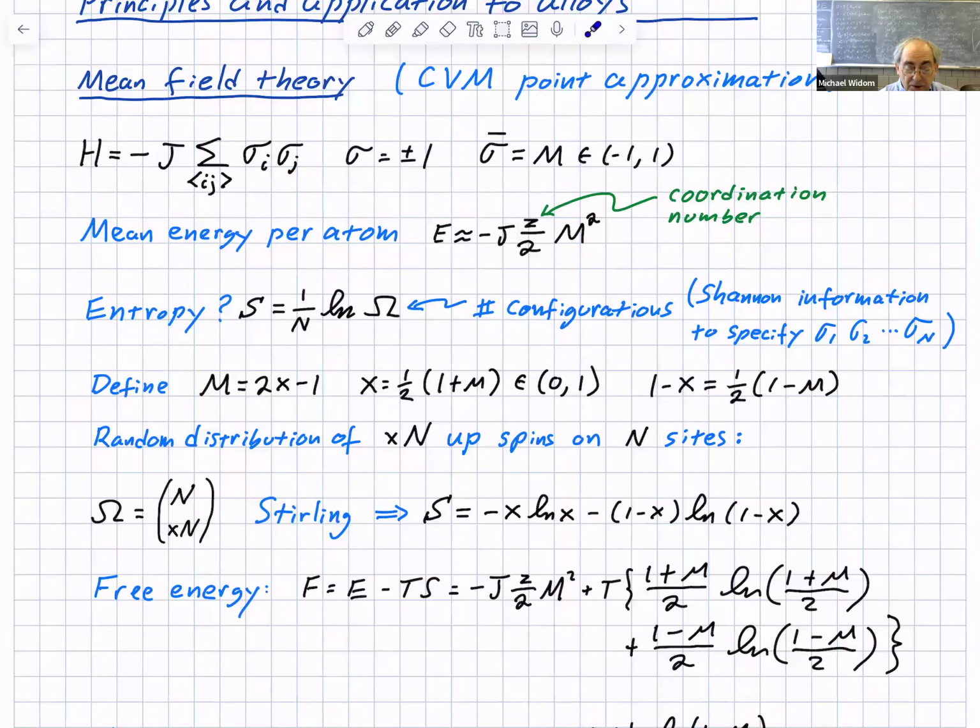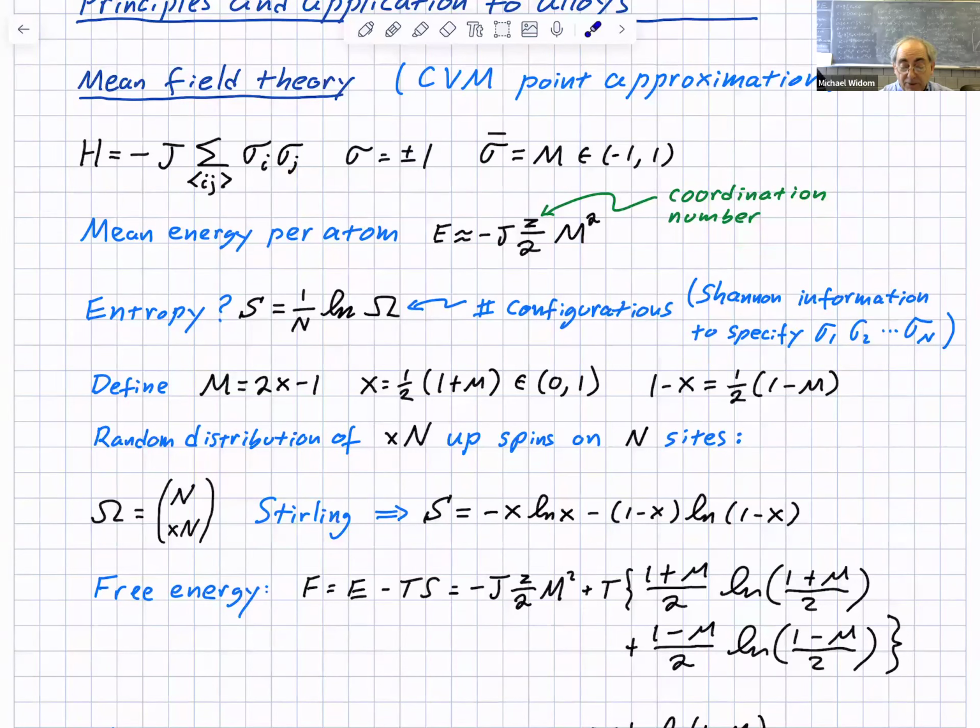And then we take those factorials, the ratio of n factorial divided by these xn factorial factors, and apply the Stirling expansion for the factorial to write it as xn log xn minus xn. Turns out that all the xn factors cancel against each other, and we're only left with the x factors.